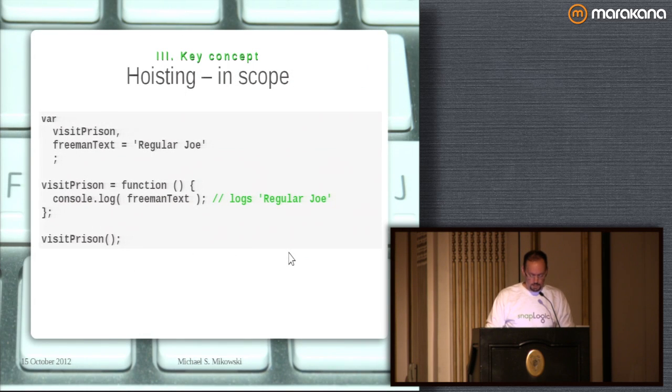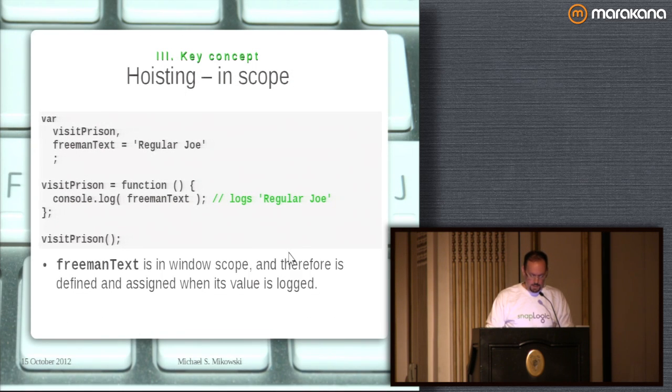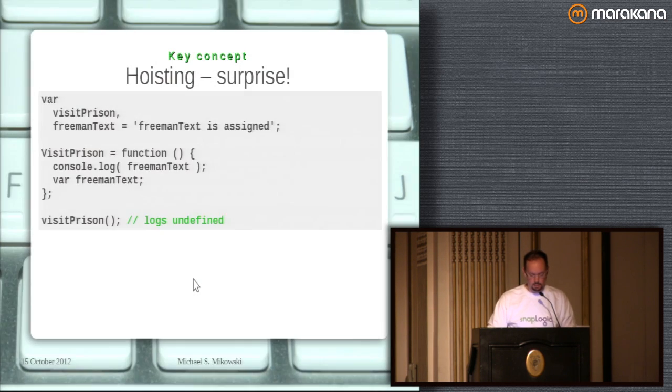Okay, so now let's take a look at this freeman text here, which is in the window scope. It is defined and assigned when the value is logged. Nothing really unusual here. Basically, I'm using a global variable within this function. That's all kosher. But look what happens here. All the same code, the only difference is that we do this declaration below this log.